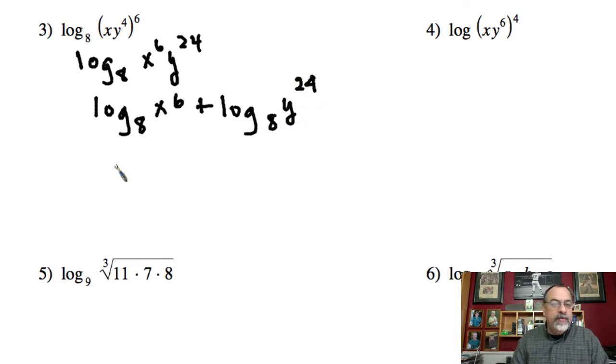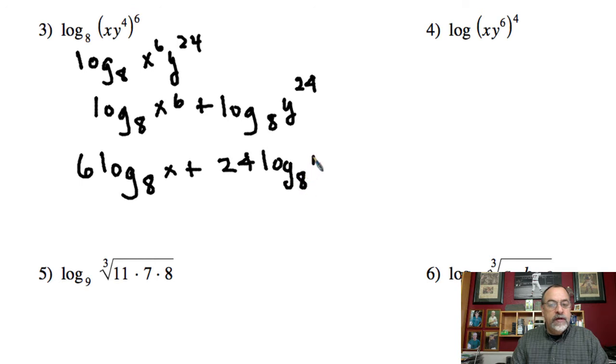And then again, we have these powers, so we can move these out in front. So this is going to be 6 log base 8 of x plus, this is a power which can be moved in front, 24 log base 8 of y, and so this would be the expanded form of that one.